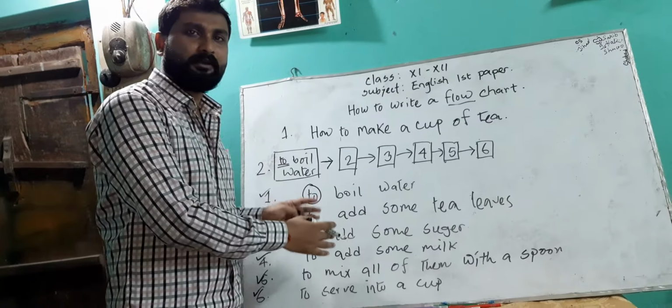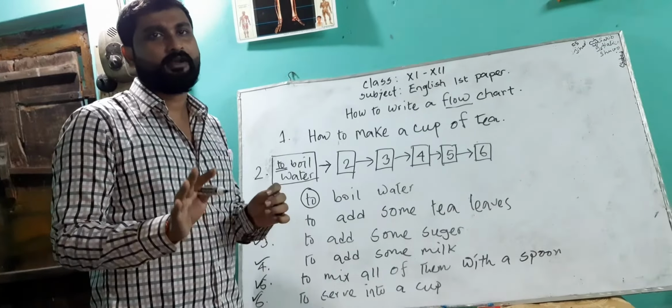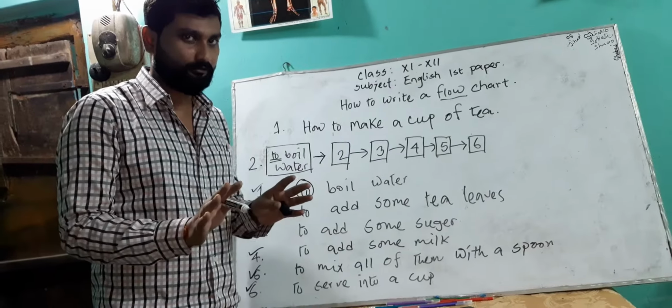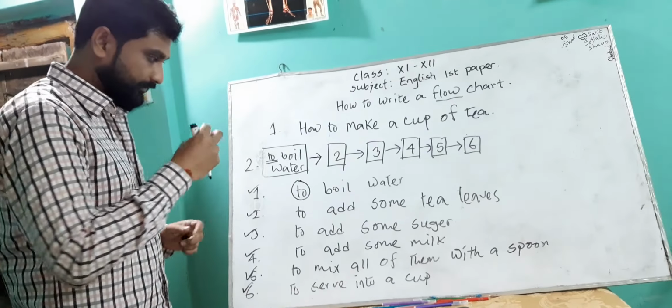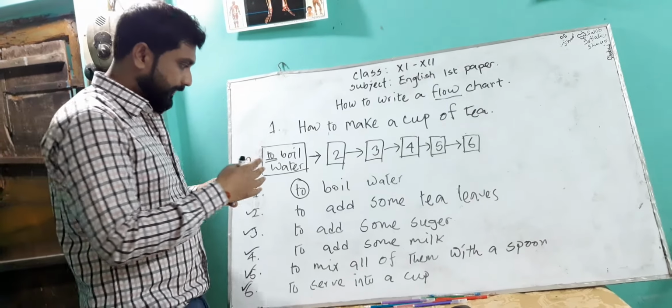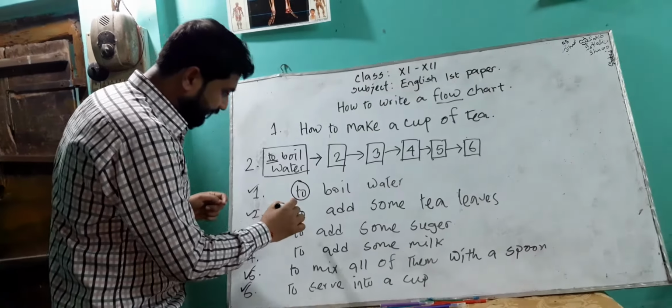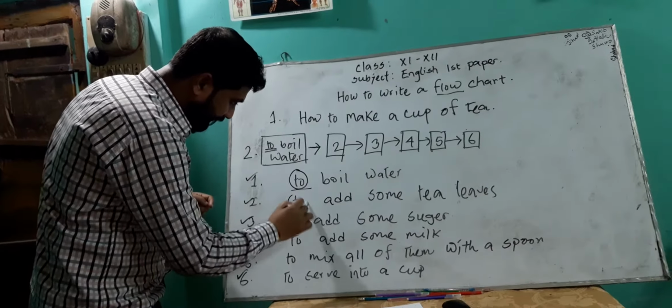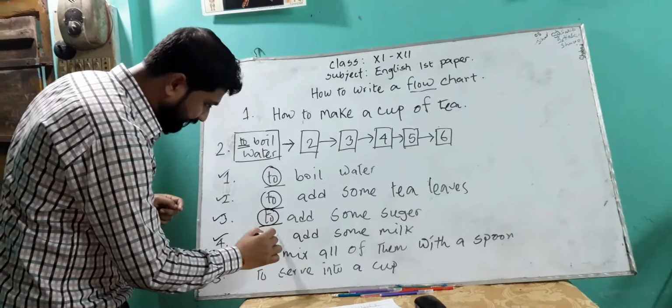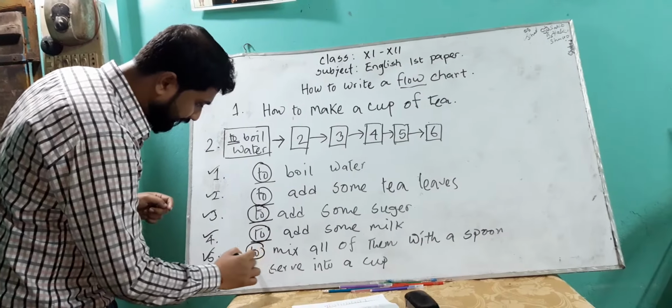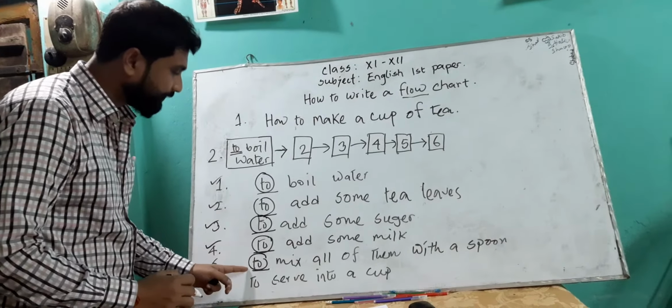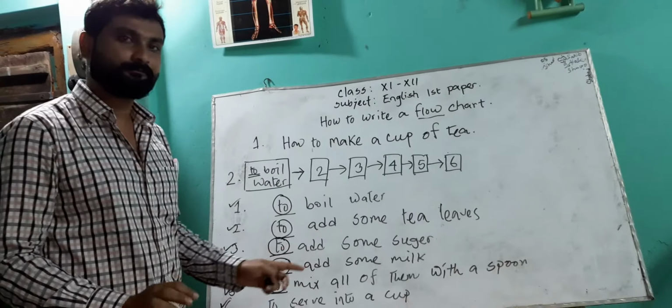So this is the procedure for how to make a cup of tea. It's not so difficult. Here in all the steps I just use to, that means everything is infinitive.